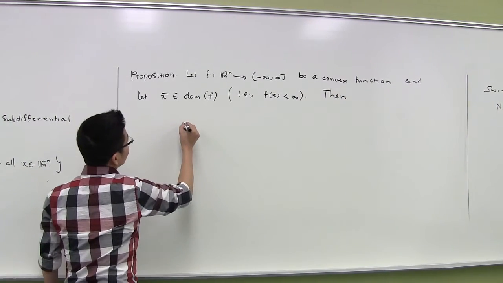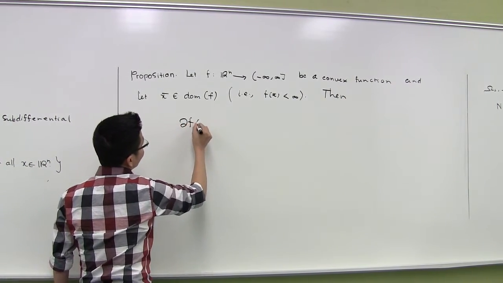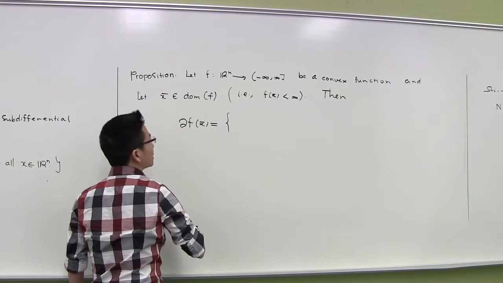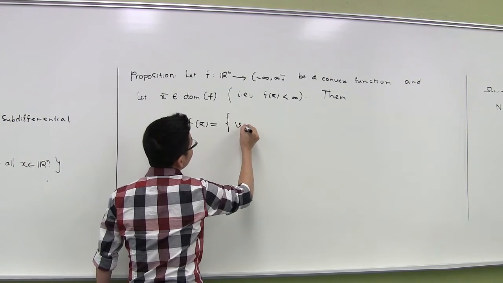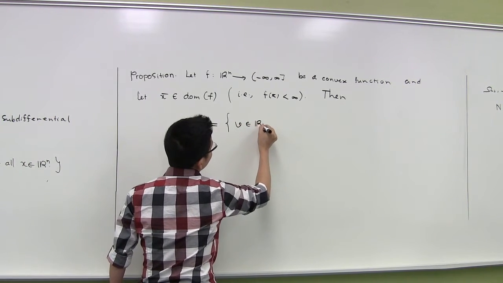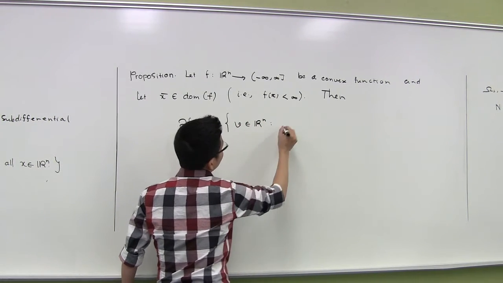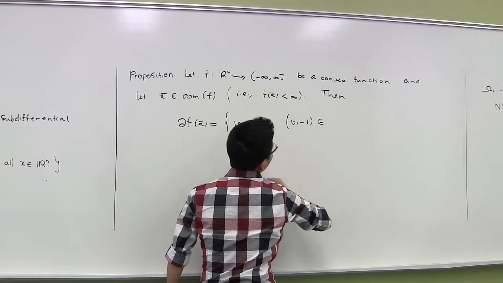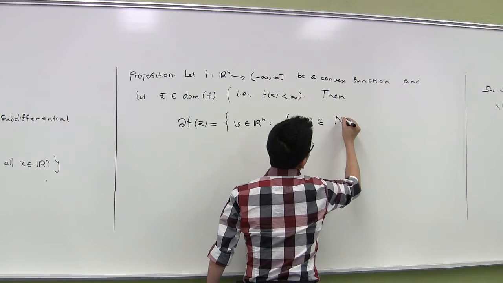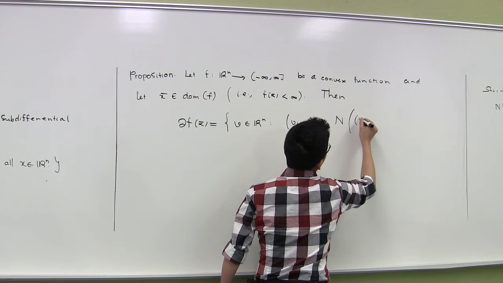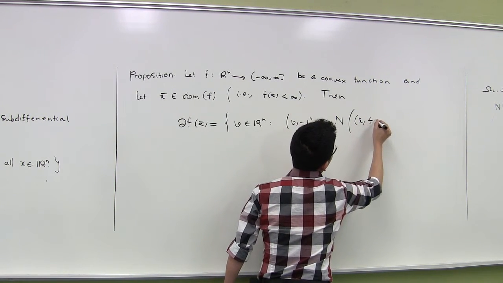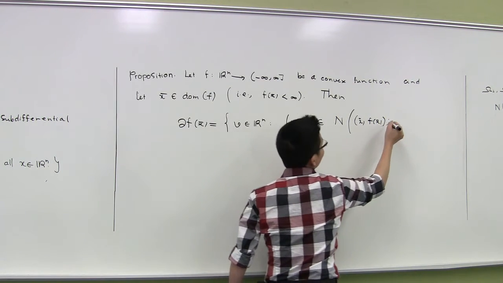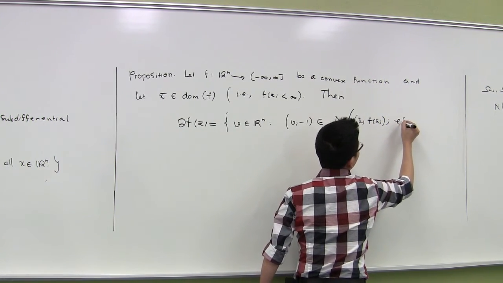The subdifferential of the function f at x bar is the set of all v in Rn such that v, minus 1 belongs to the normal cone to the epigraph of the function f at the point x bar, f of x bar.